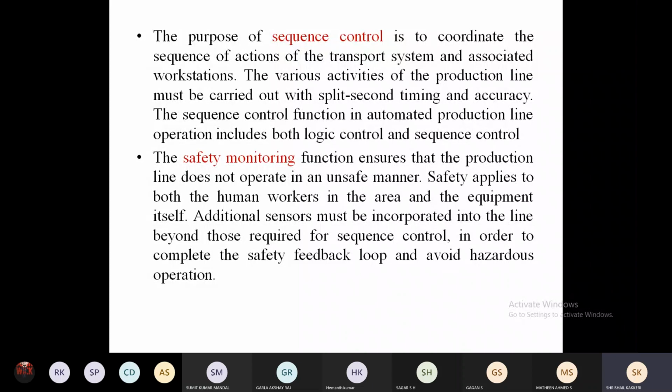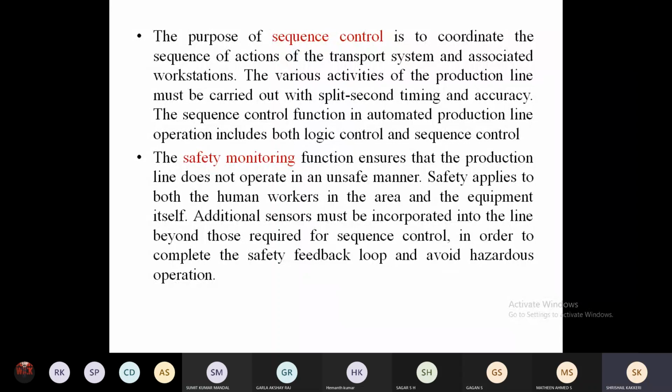For example, a robot will have three main safety monitoring systems. There will be sensors around the working station, that is, the work volume of the robot, and sensors beyond the work volume of the robot. These are the tertiary, secondary, and primary levels of sensors.